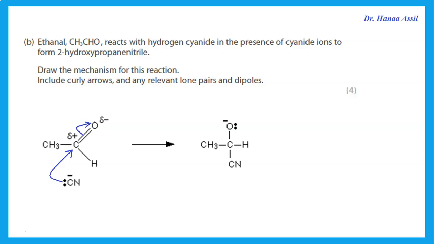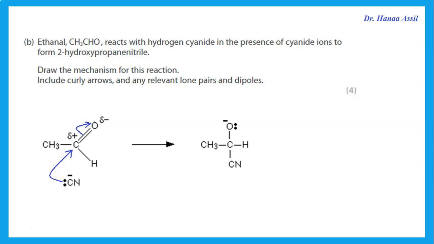Remember that the cyanide ion has a lone pair of electrons, and in the carbonyl of the ethanal, the carbon is slightly positive and the oxygen is slightly negative, of course, because oxygen is more electronegative than carbon. So the lone pair of electrons from the cyanide attacks the slightly positive carbon, and the electrons of the double bond go to the slightly negative oxygen.